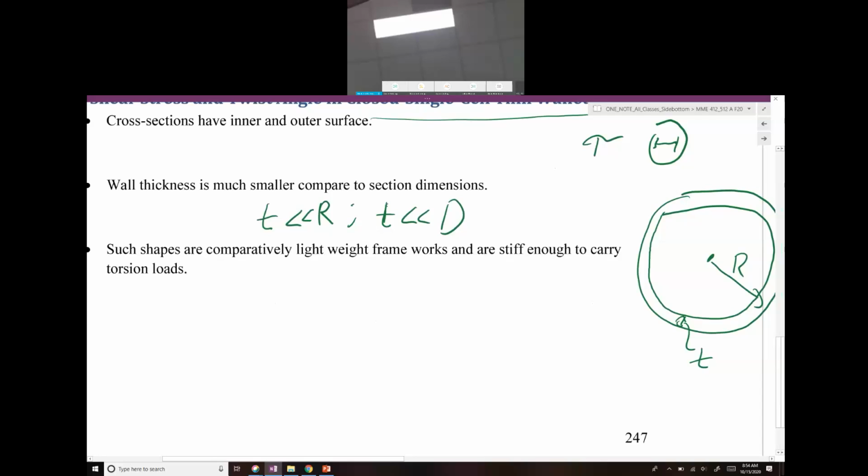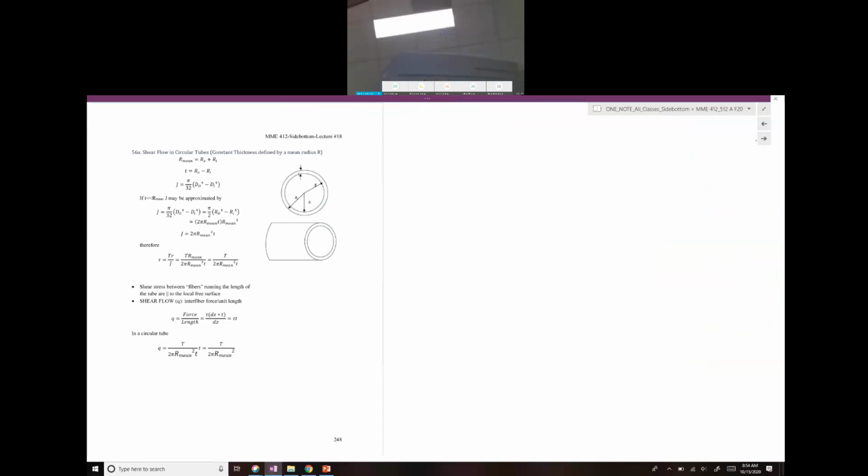But they are still very lightweight, so they're able to be light and resist torsional loading. So if we go to the next page, we'll talk about how we're going to define a quantity called shear flow, and we're going to relate shear flow to the shear stress.